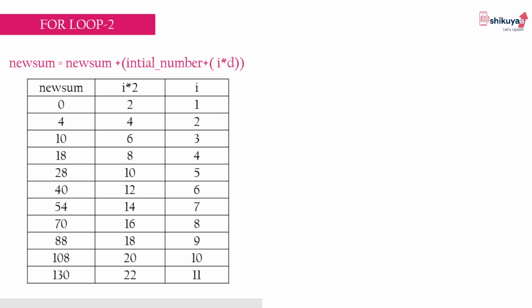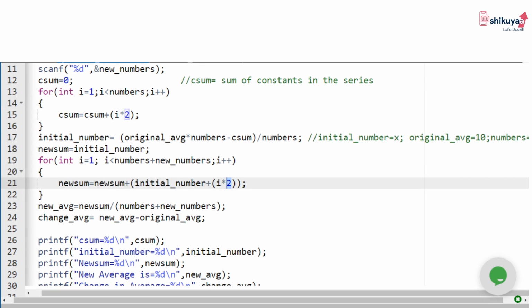I would like to go to the code again. What is happening in this for loop? If you observe the code carefully, we have used two for loops over here, correct? Now in this case, new sum goes to a particular memory location, where it goes on increasing gradually after every increment.